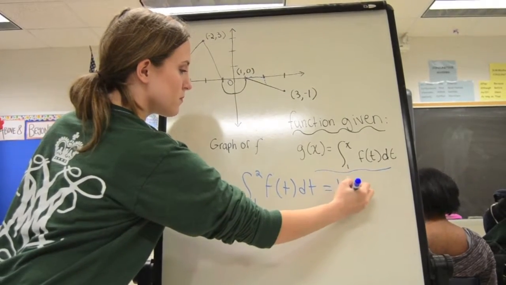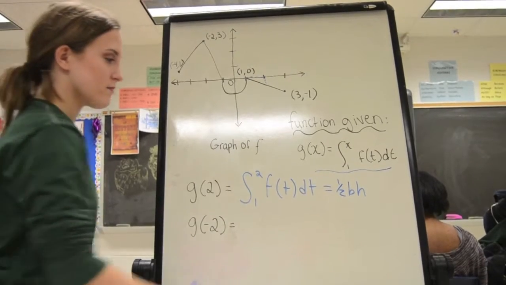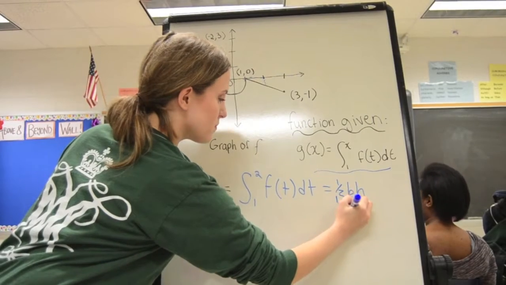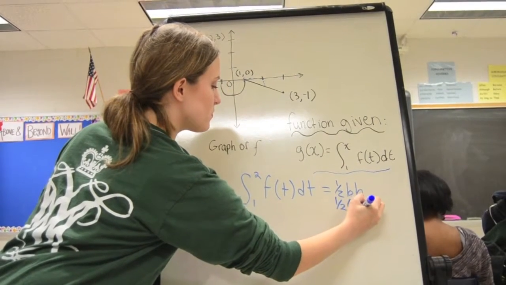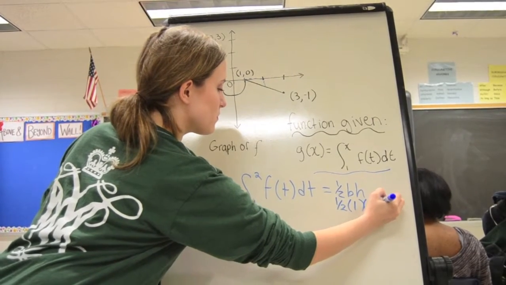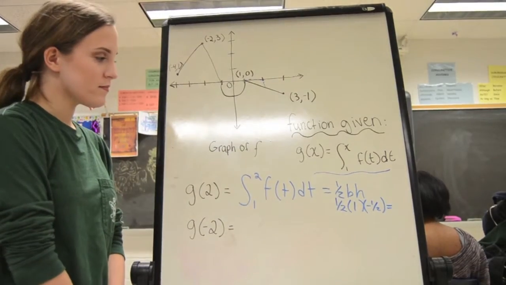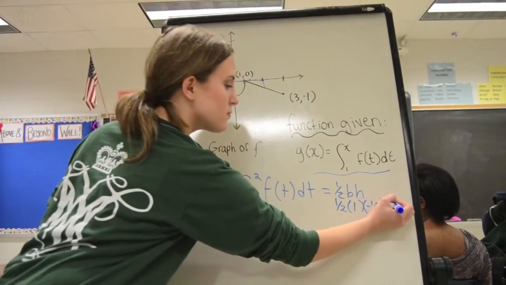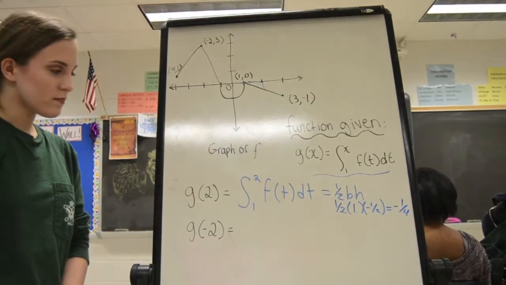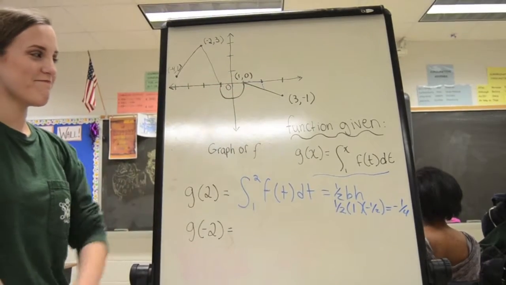Our base is 1 and our height is negative 1/2. This gives the answer negative 1/4. Remember to keep the height negative in this case because it is under the x-axis. This is a common error for students.